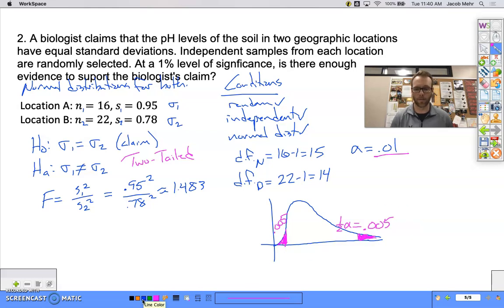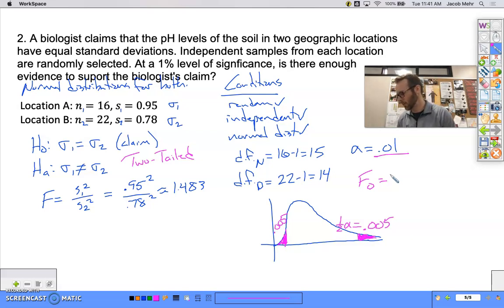So our critical F value is going to be, okay, so now let's find it. We have to use the half alpha. So we're not going to use the 0.01, we're going to use the 0.005 table, which I have on A20.